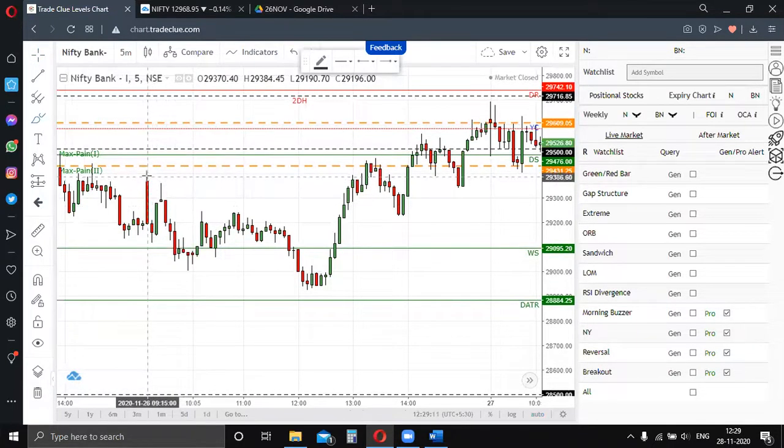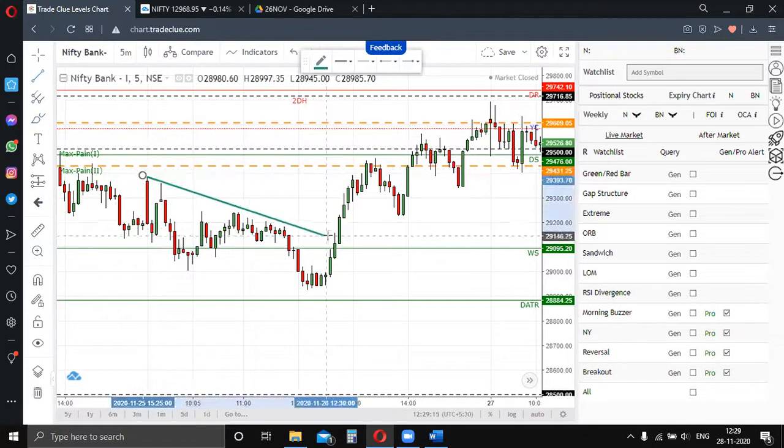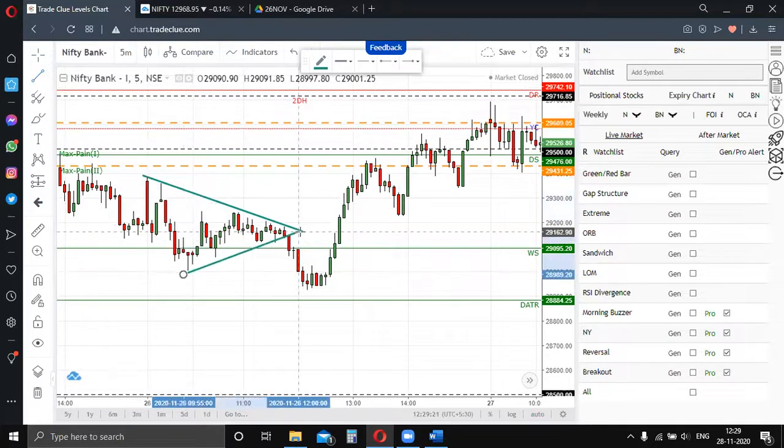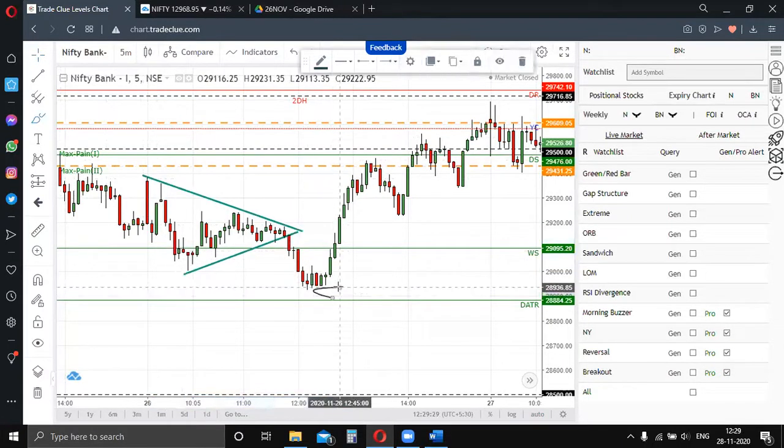It made a good pattern. It gave a clear breakdown from a triangle also, and again formed the bottom and bounced back very sharply.